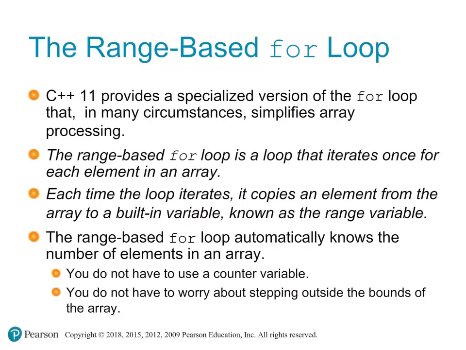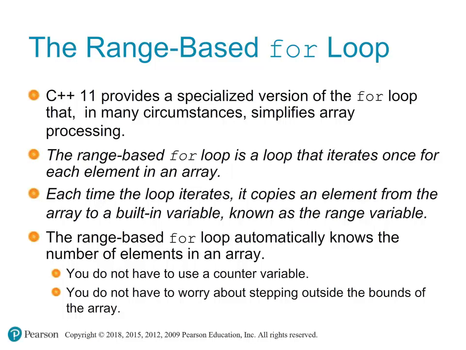C++11 introduced a very convenient feature for array processing called the range-based for loop. The traditional for loop requires a counter variable, and there's a risk of stepping outside the bounds of the array, leading to undefined behavior. The range-based for loop uses simple, clean syntax.